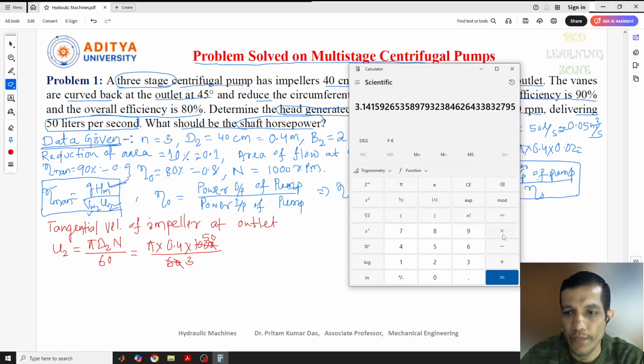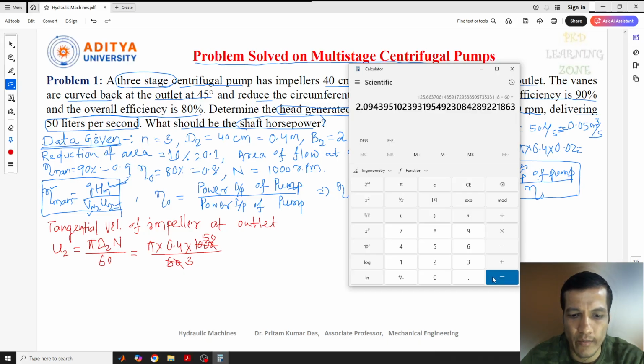So pi into 0.4 into 100 divided by 60. Let me check it again.